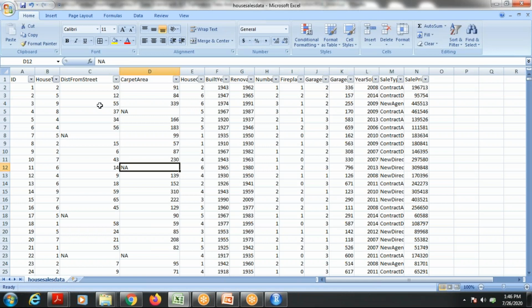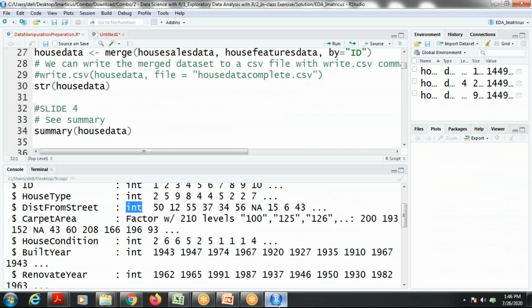Distance from street is also a number, but it has some missing values. I load the data. In terms of look and feel, both columns look similar. But the moment I run the summary, I am getting distance from the street considered as integer, whereas carpet area is considered as factor.